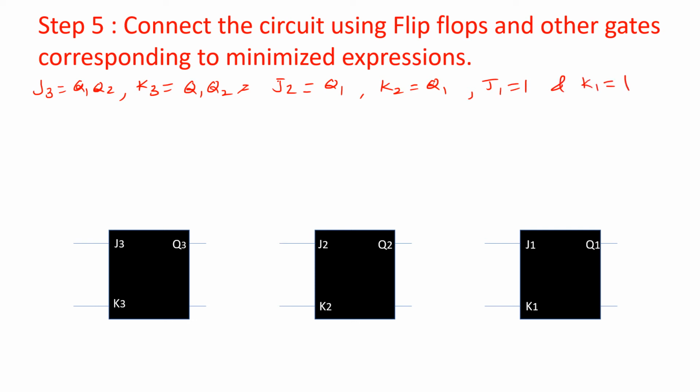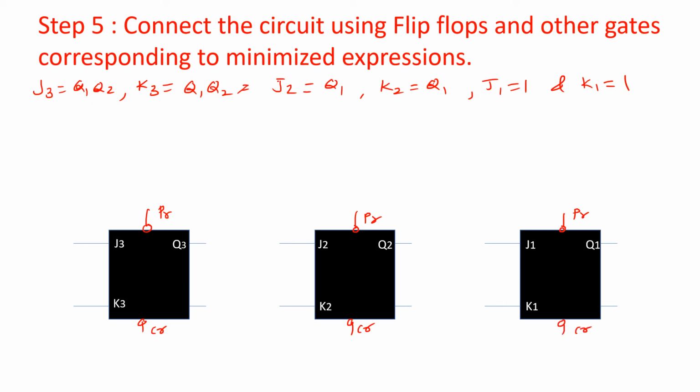Now 3 flip-flops are shown having inputs J, K and outputs as Q. We know each flip-flop has got preset and clear, so we will write them here. So this is preset, this is clear.